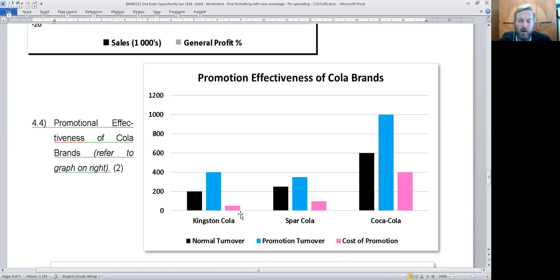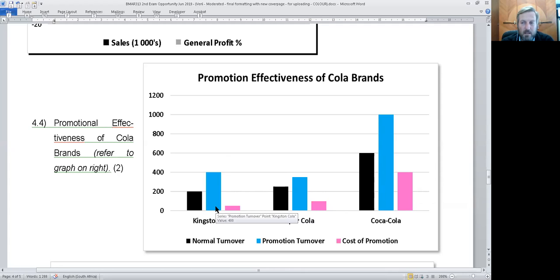So one would advise the company to rather stop with promotion, definitely on Coca-Cola, and even in Spark Cola, on top of that, it's almost the same system that we have in Coca-Cola. So the only one that actually makes sort of sense is Kingston Cola.